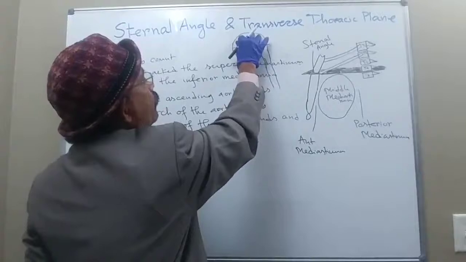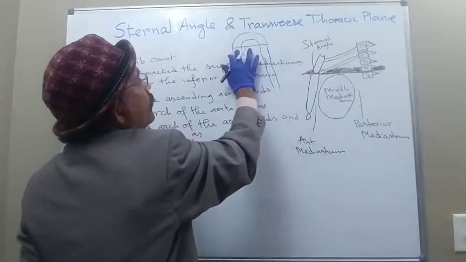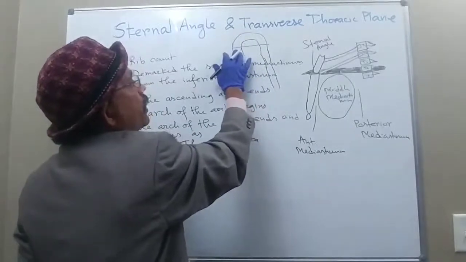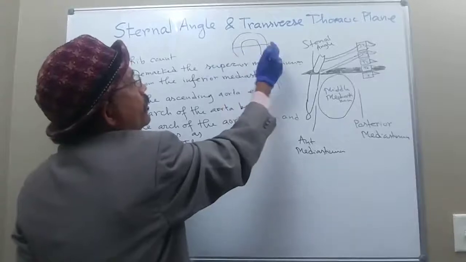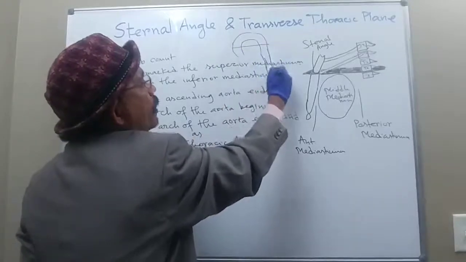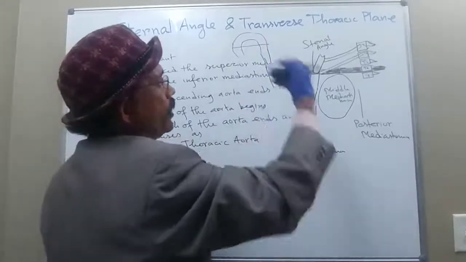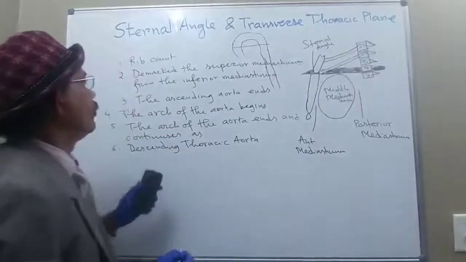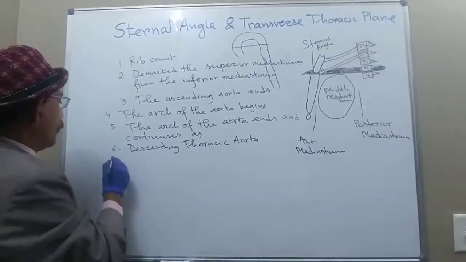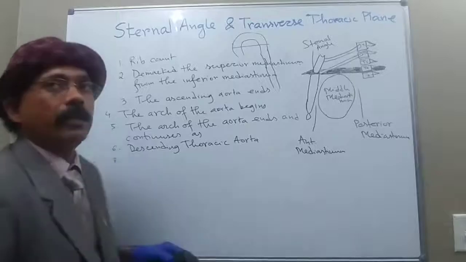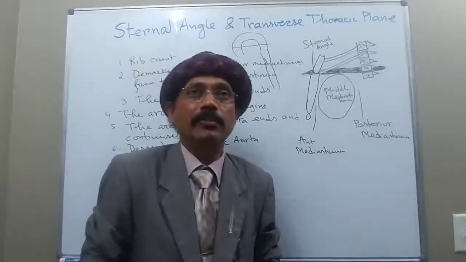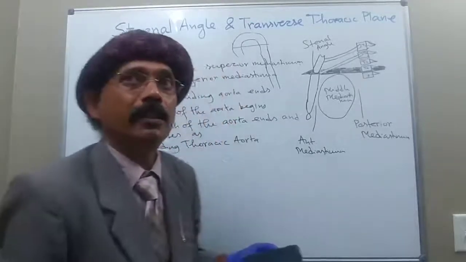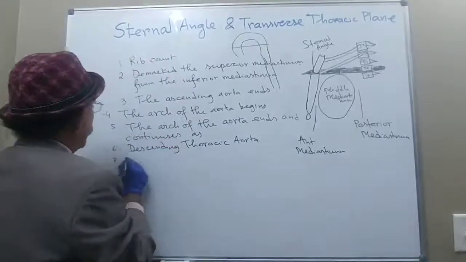The descending thoracic aorta is in the posterior mediastinum. We got that, the aorta. Then we have the rib count, mediastinum, aorta, and then tracheal bifurcation.